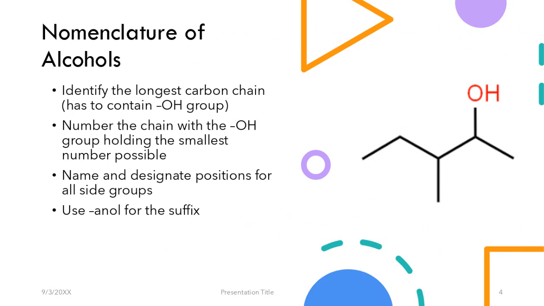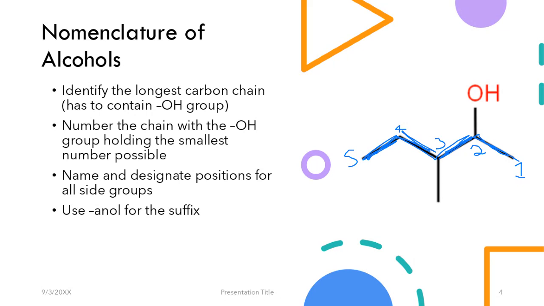So I have one more example. Again, first step is just identify the longest chain. So I have 1, 2, 3, 4, 5. Just make sure that that's the longest chain. 1, 2, 3, 4. Okay. So I know that this is my longest chain, and it includes that OH group. So which side am I going to start counting on? Right, because this end is closest to that OH group.